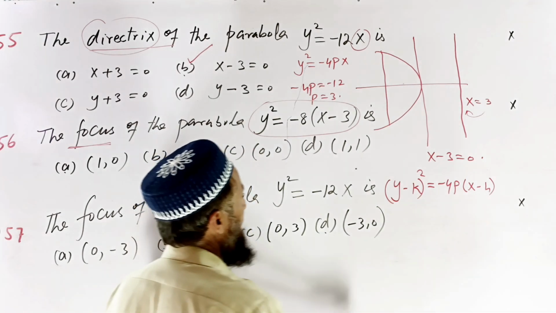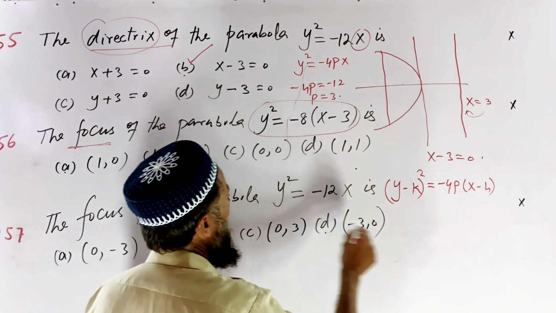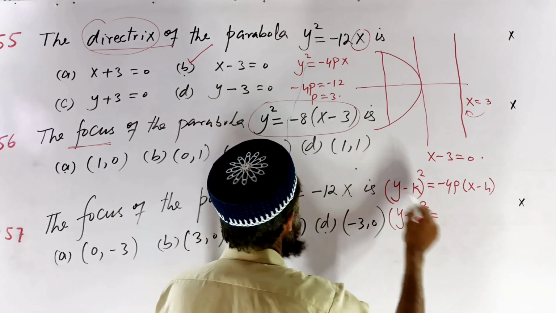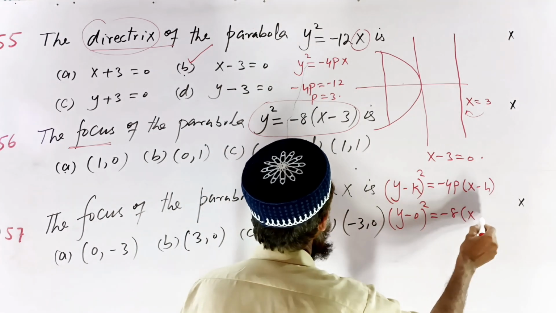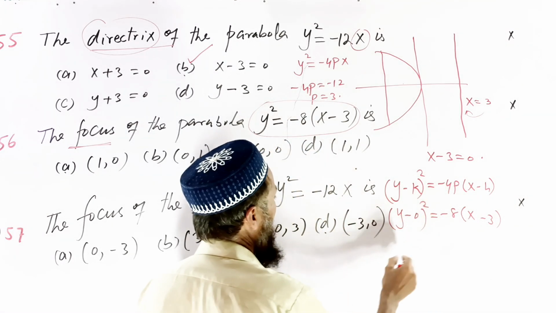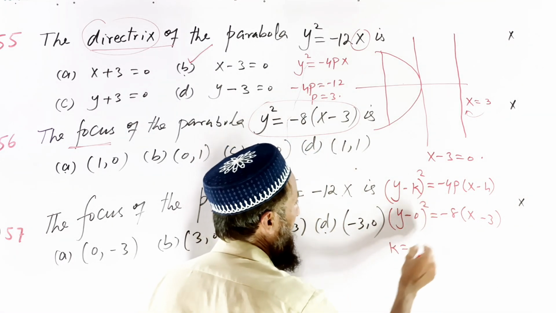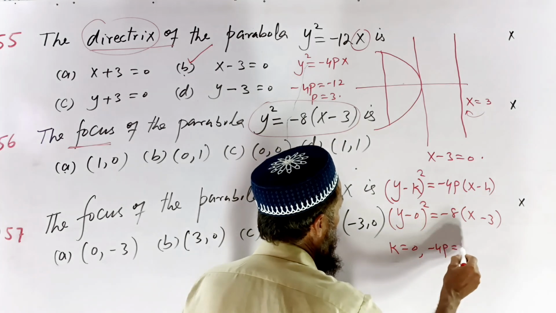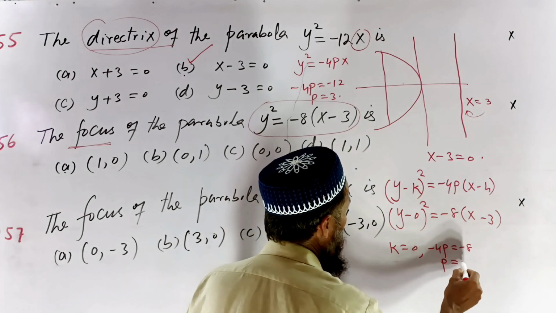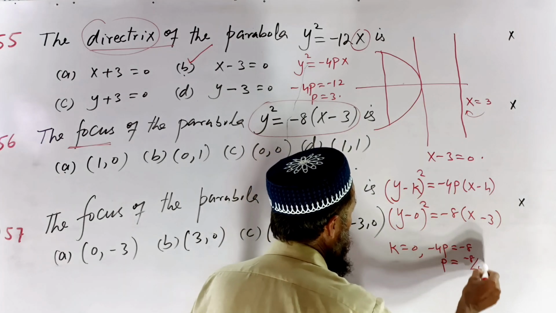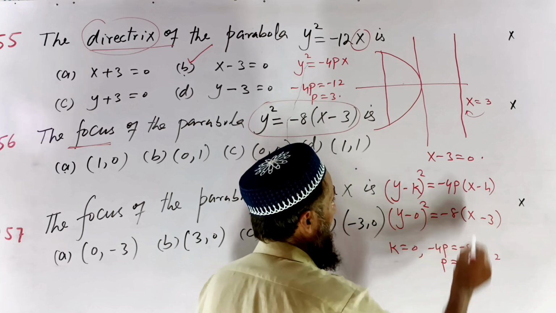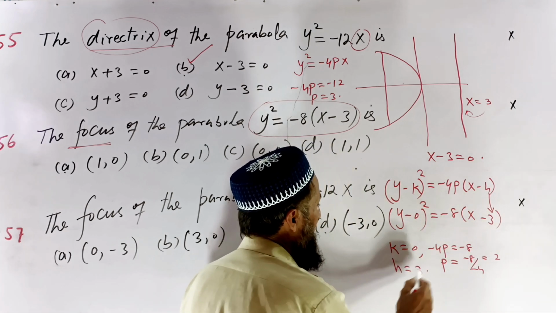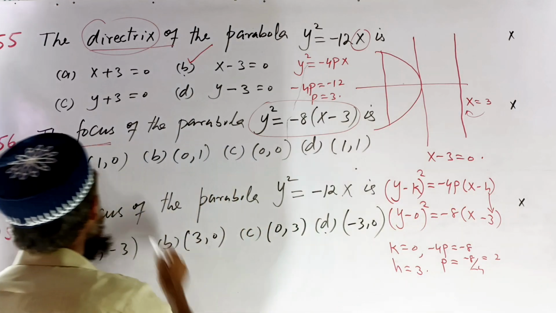If we compare y minus 0 whole square is equal to minus 8 times x minus 3, then k is equal to 0, and minus 4p is equal to minus 8. So p is equal to minus 8 divided by minus 4, which is 2, and h is equal to 3. Here the focus is required.